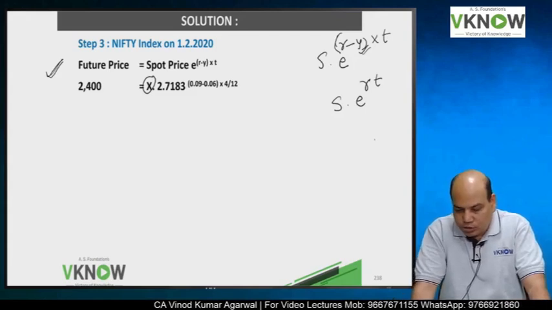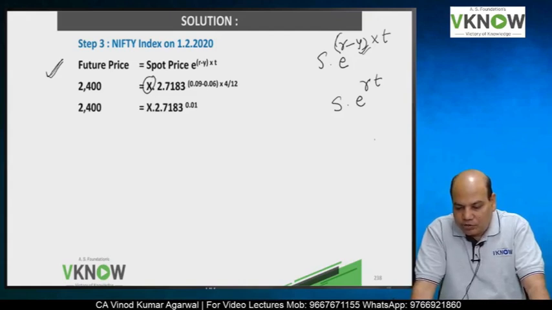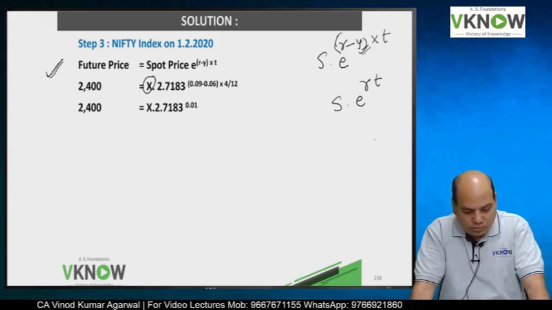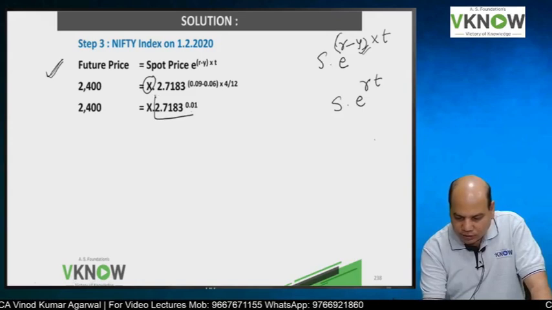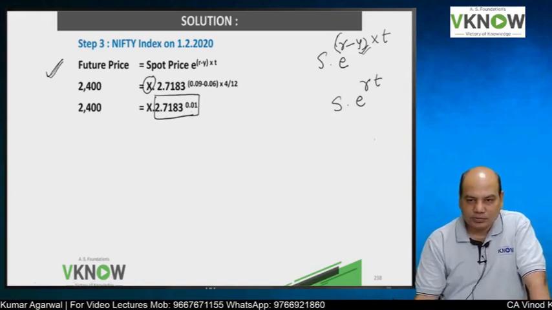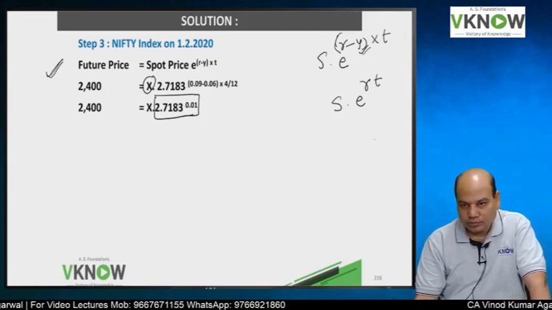So first what you do, it's not difficult, you can do it. Simplify the power. 0.09 minus 0.06 into 4 by 12. Is it 0.01? Yes. In the SFM classes, we tell you how to solve this part. Is it right?